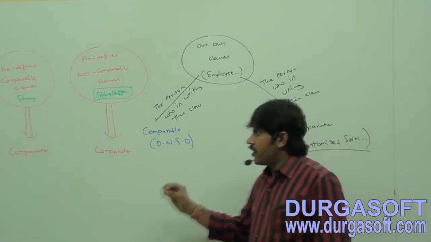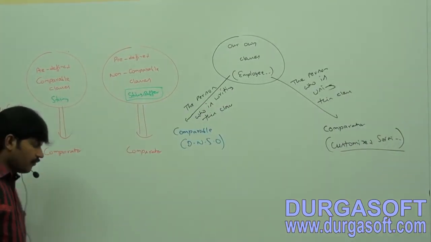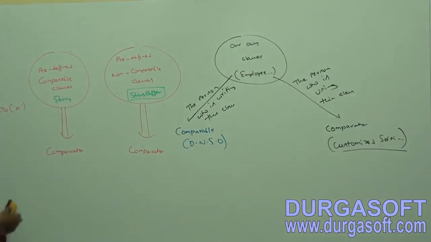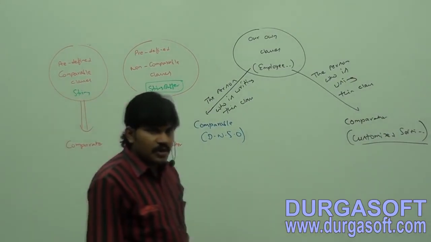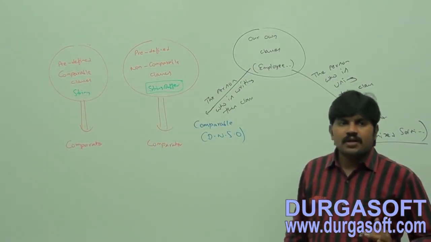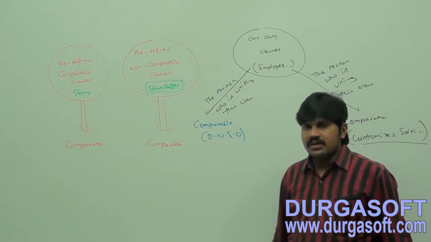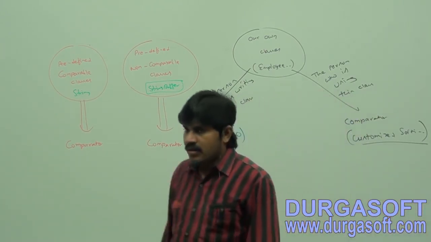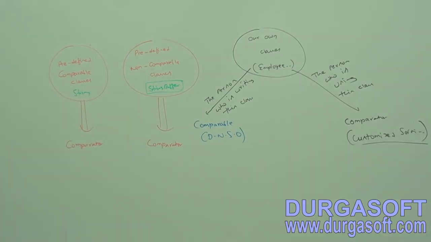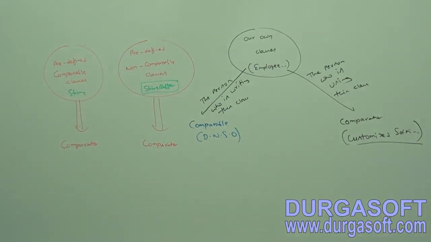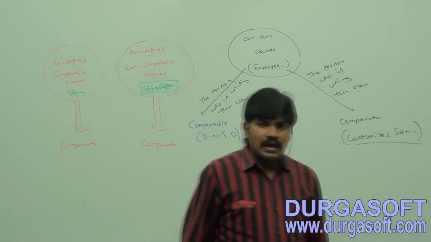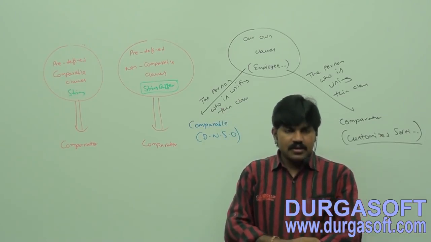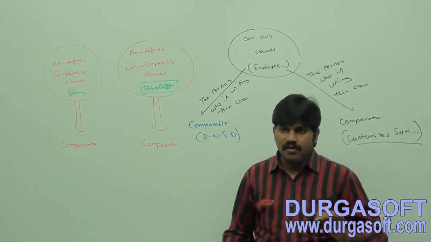First one: for predefined comparable classes, the default natural sorting order is already available.